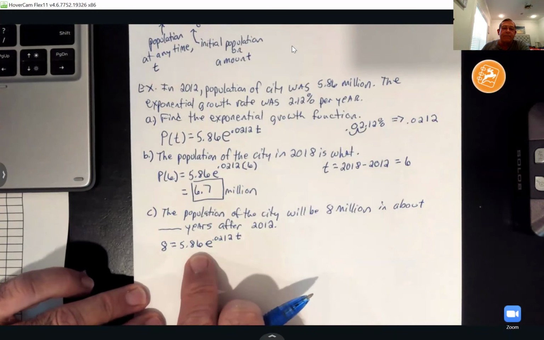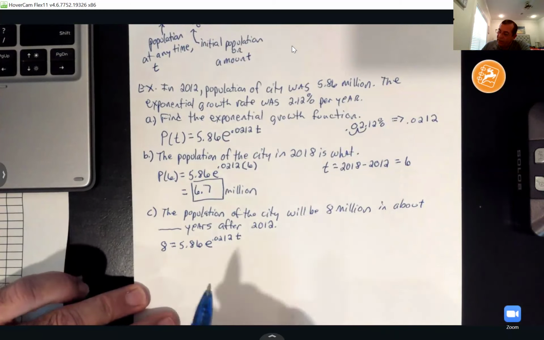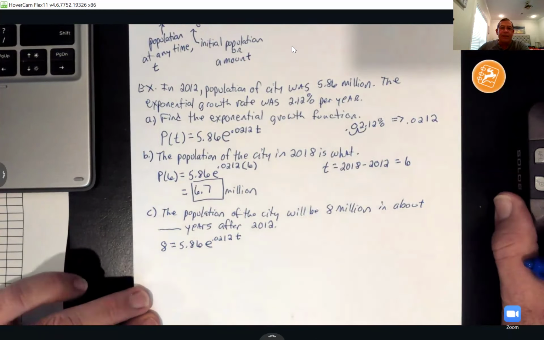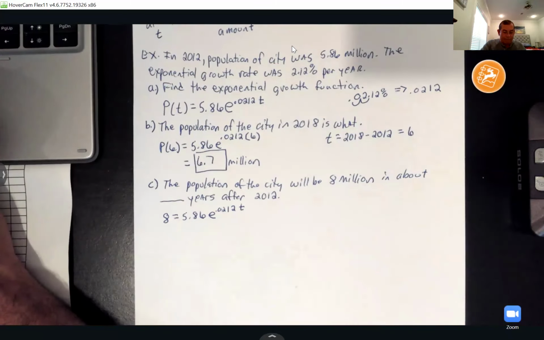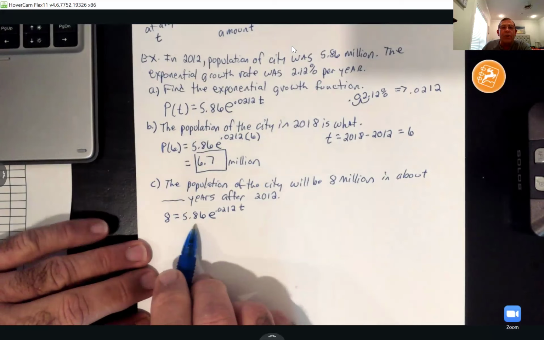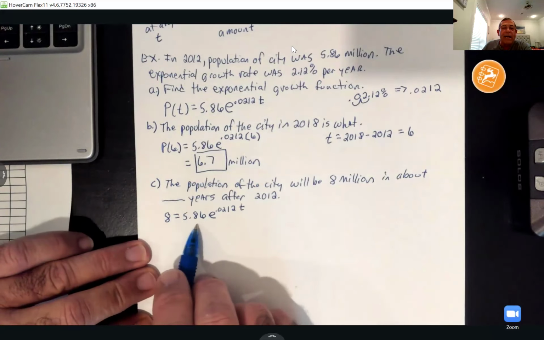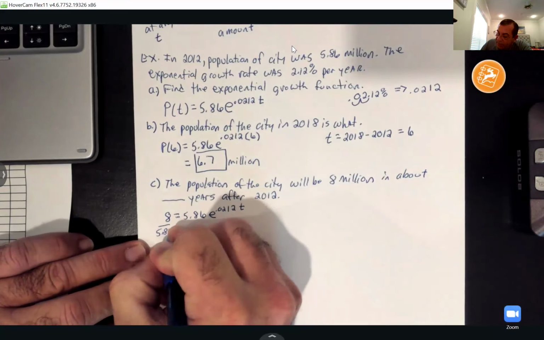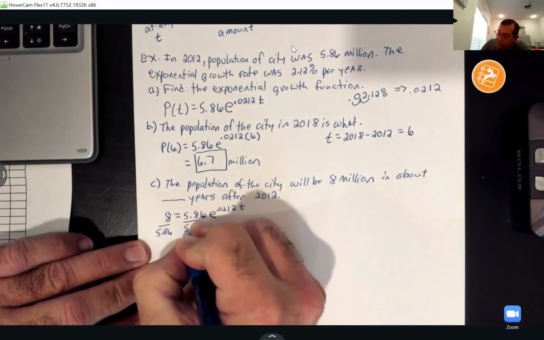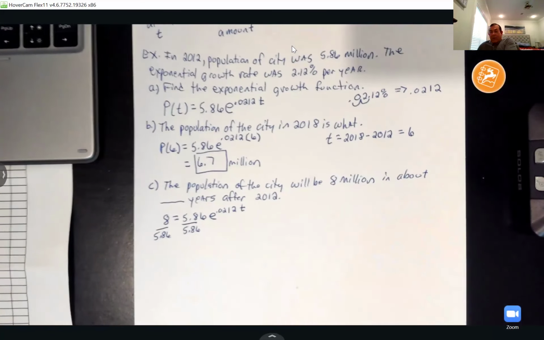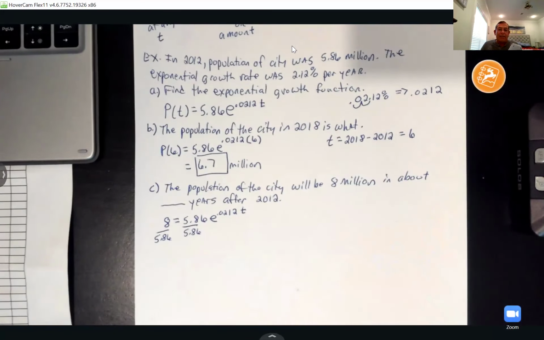Now, this one's a little trickier. I got to do a little bit of work before I can solve that for the t. So the first thing I'm going to do on this is divide both sides by 5.86, because doing that, that's going to get the e by itself over there with the exponent, okay?